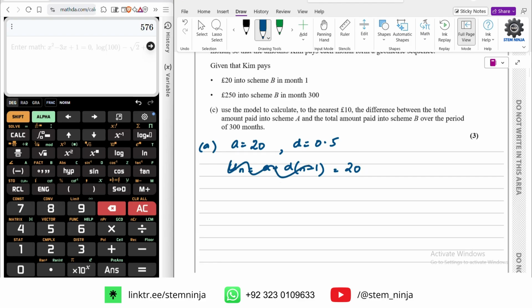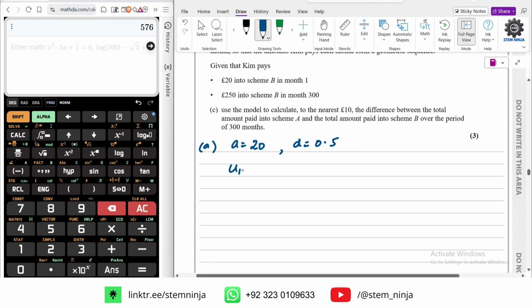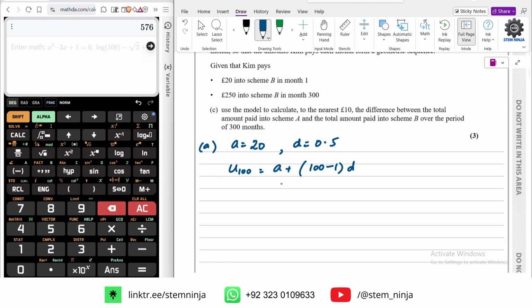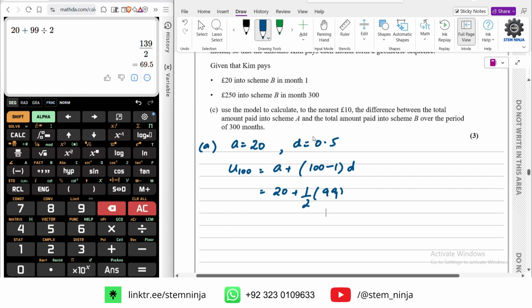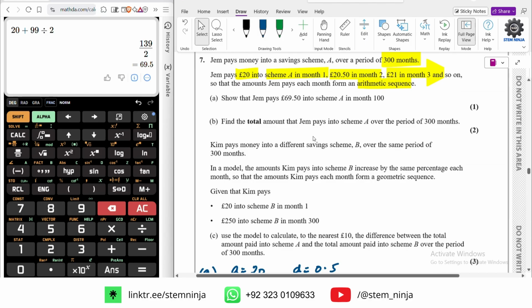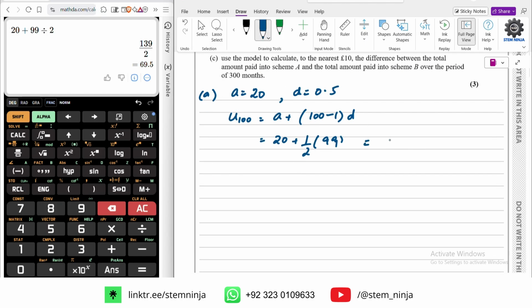Actually, we just need U100 now. So that would be A plus 100 minus 1 D. So that would be 20 plus half of 99. So 20 plus 99 divided by 2 is 69.5. Is it what they asked? Yes, 69.5.